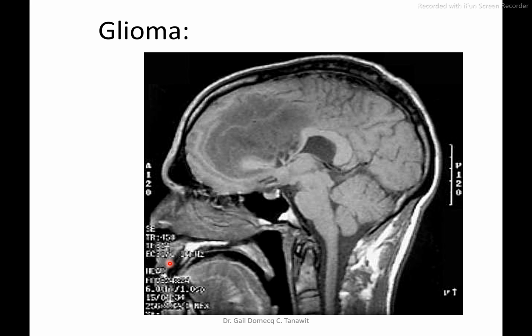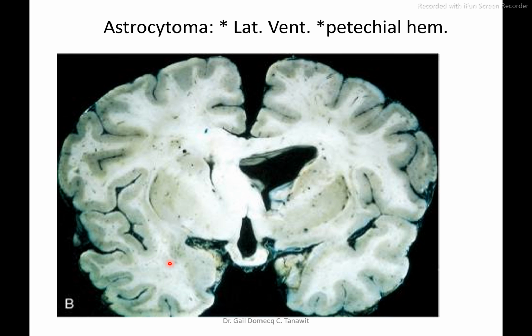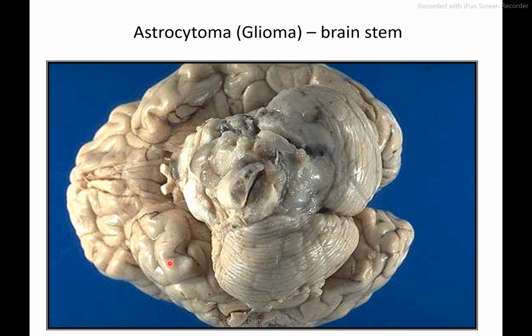This is a scan of a patient with a glioma. Where is the lesion? There. A non-enhancing lesion. We have an astrocytoma of the lateral ventricle. There. There are petechial hemorrhages. And we have the astrocytoma of the brainstem in here.